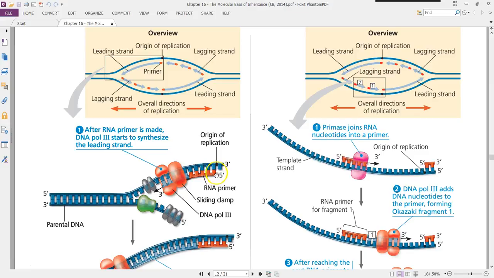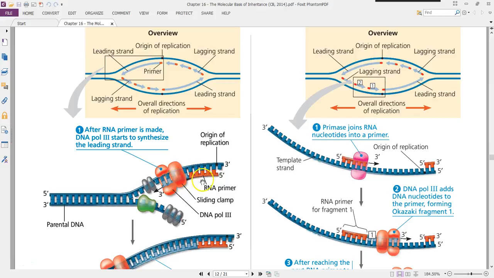The reason it does that is because DNA polymerase 3, which is the enzyme that actually makes the daughter DNA strand, can only attach nucleotides to the end of a pre-existing strand of nucleotides. That means it can't come in and start the process without having a strand of nucleotides to attach its nucleotides to. So that's what the primase does. It makes an RNA primer so that the DNA polymerase 3 actually has something to attach nucleotides to.